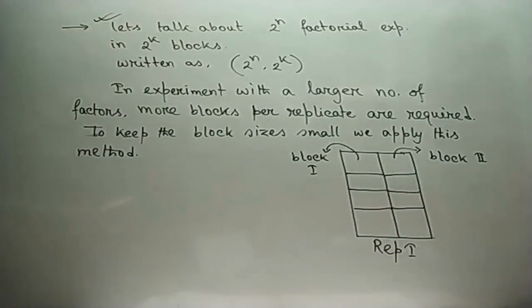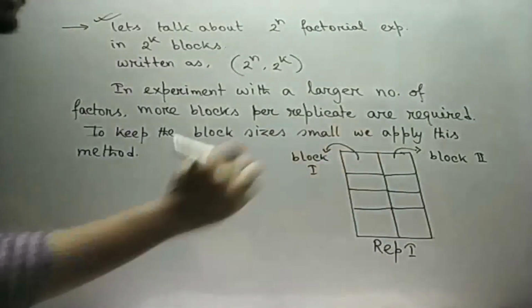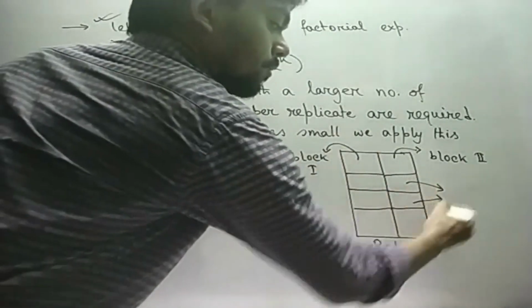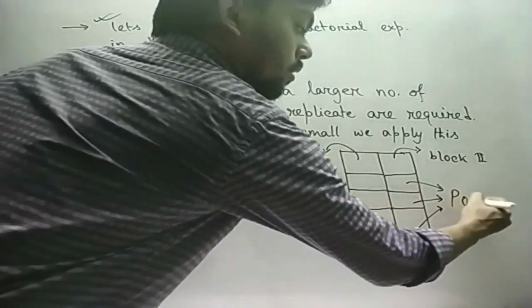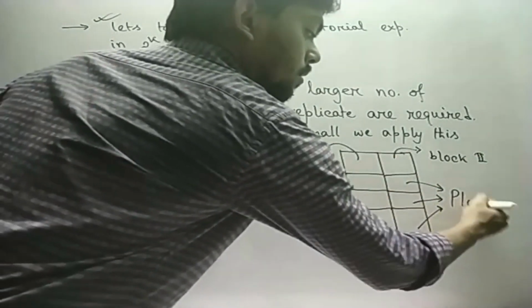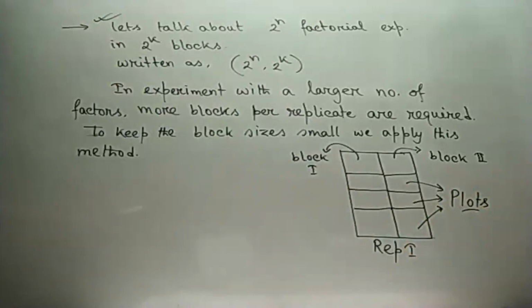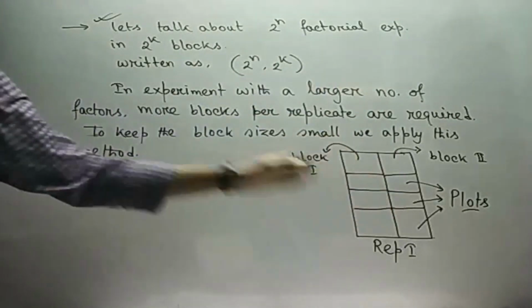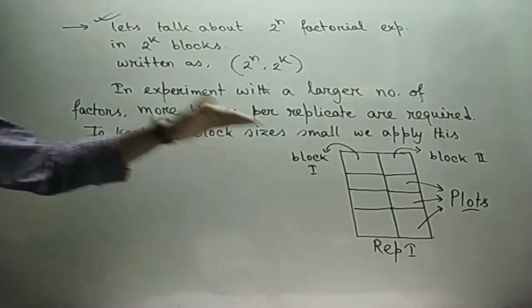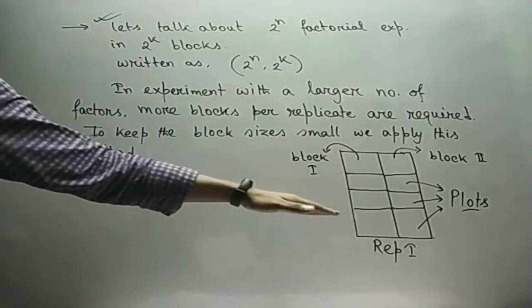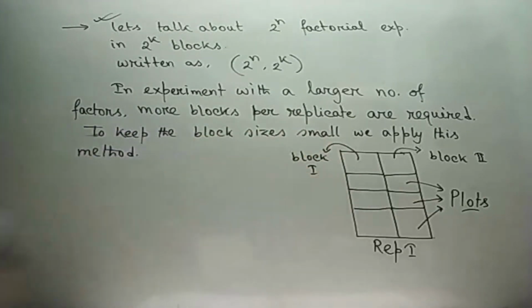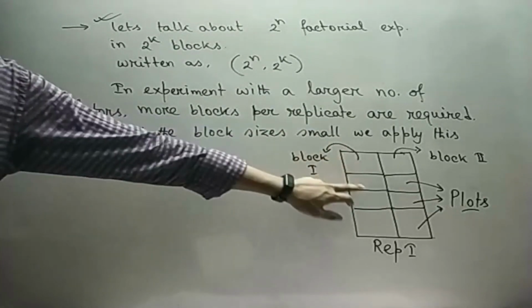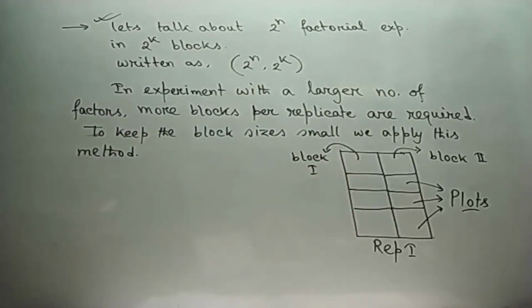These sub parts are called plots. So the whole thing is the replicate, these 2 dividers make the 2 blocks, and each block is divided into different plots. These small boxes are called plots, okay.